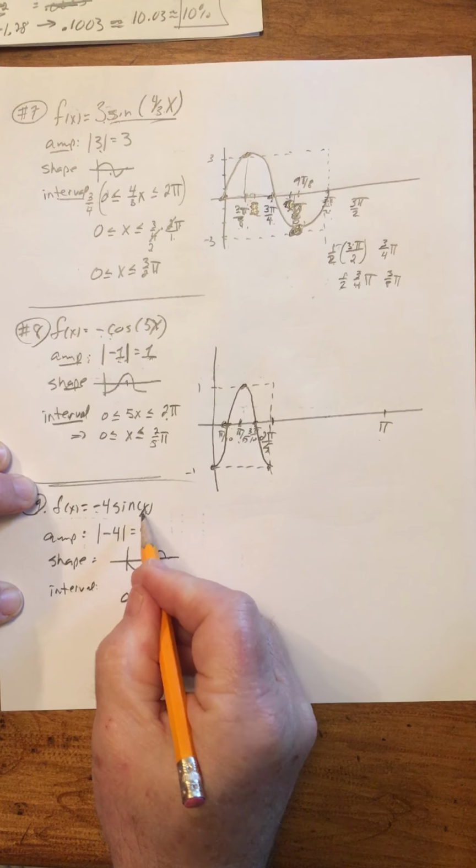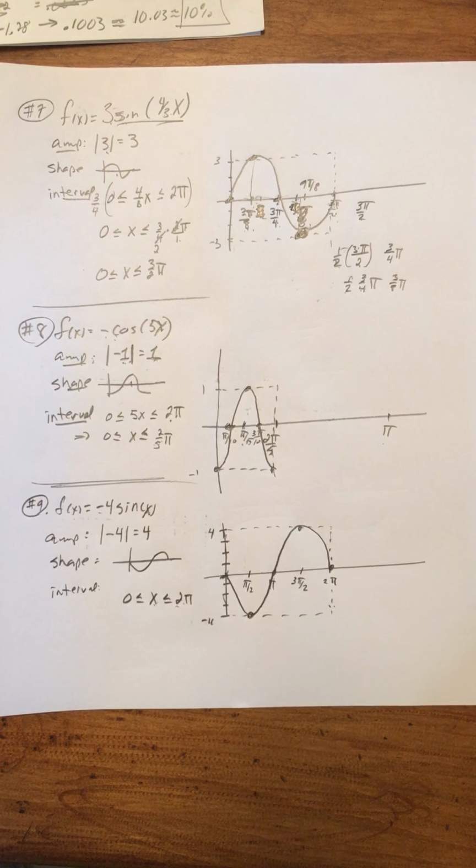Pi over 2, 1/2, 2/2, 3/2. Trough, node, peak, node. So those are the 9 graphs to graph we had for the homework.